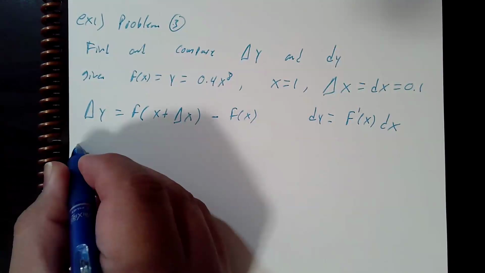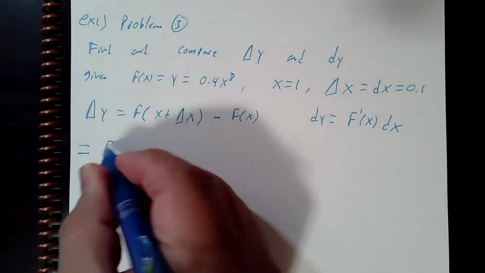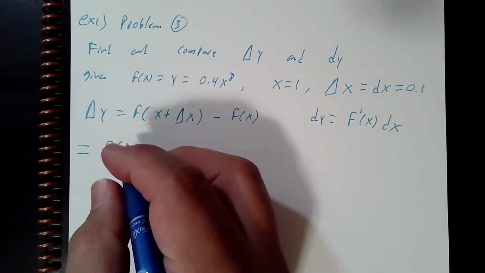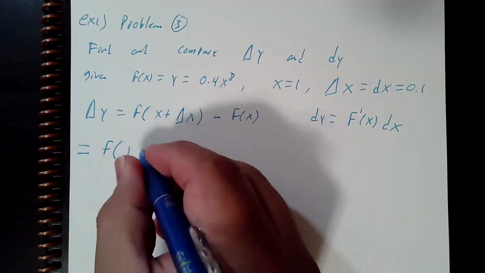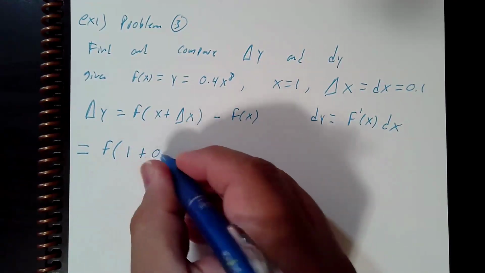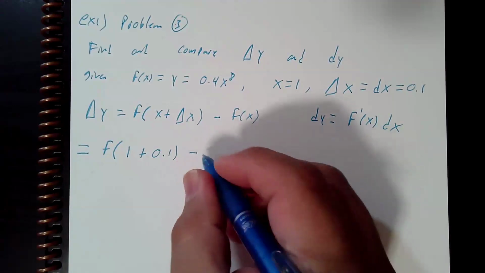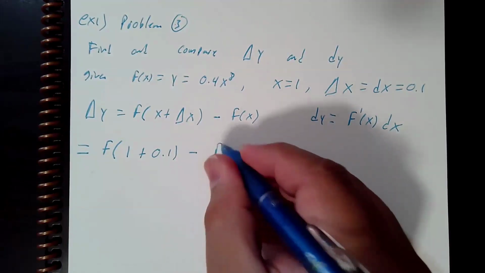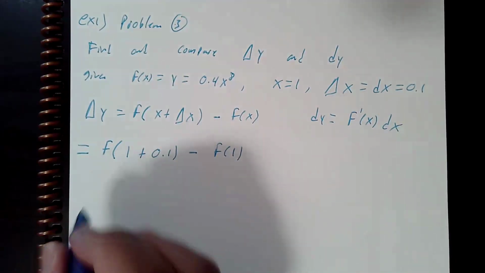So delta y will be equal to f of 1 plus delta x, which is 0.1, minus f of 1.